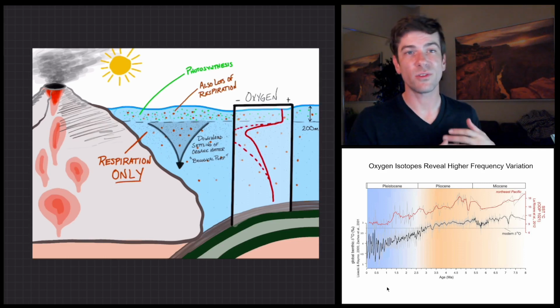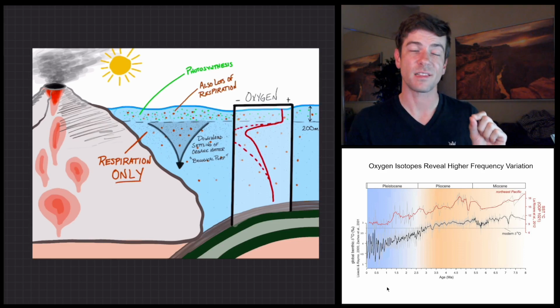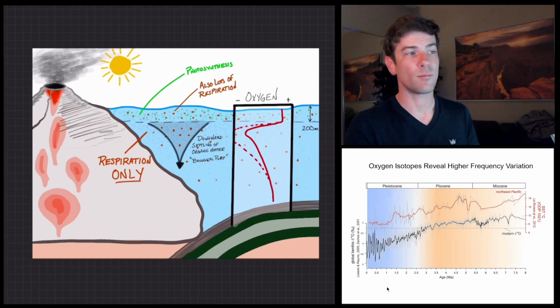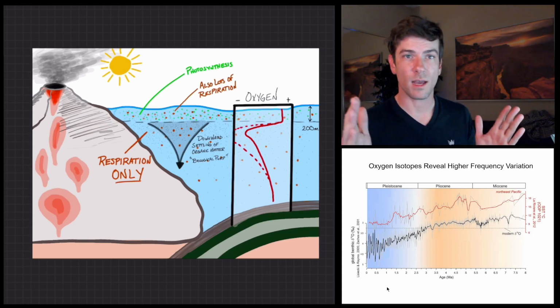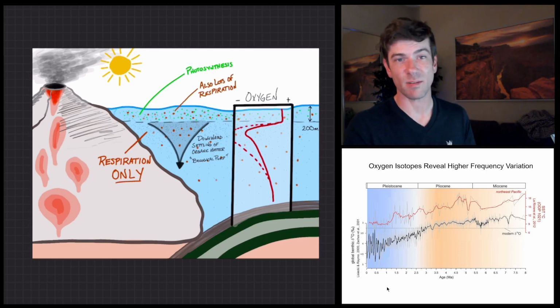And if you take carbonate remains from organisms that lived in the ocean, and you know when they lived, in this case foraminifera, and you reconstruct a timeline of oxygen isotope variation in the ocean, it looks like this over the last 8 million years.